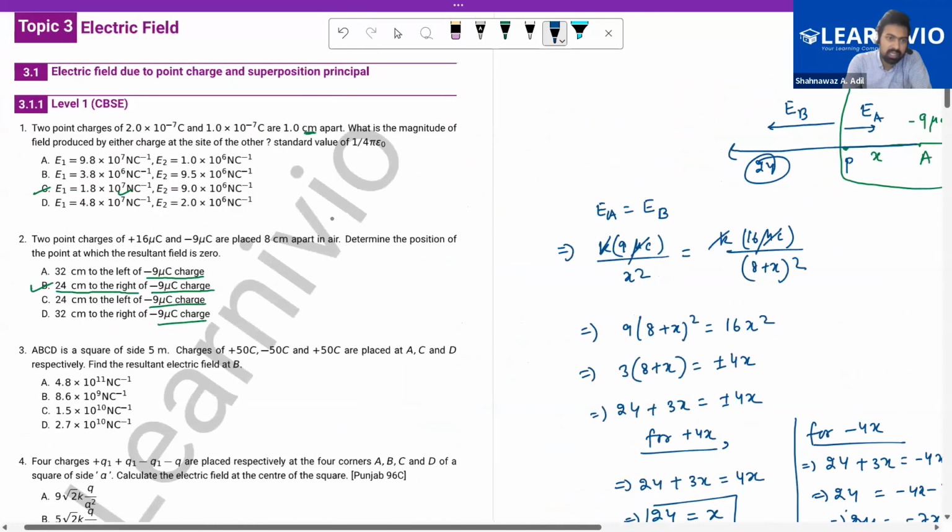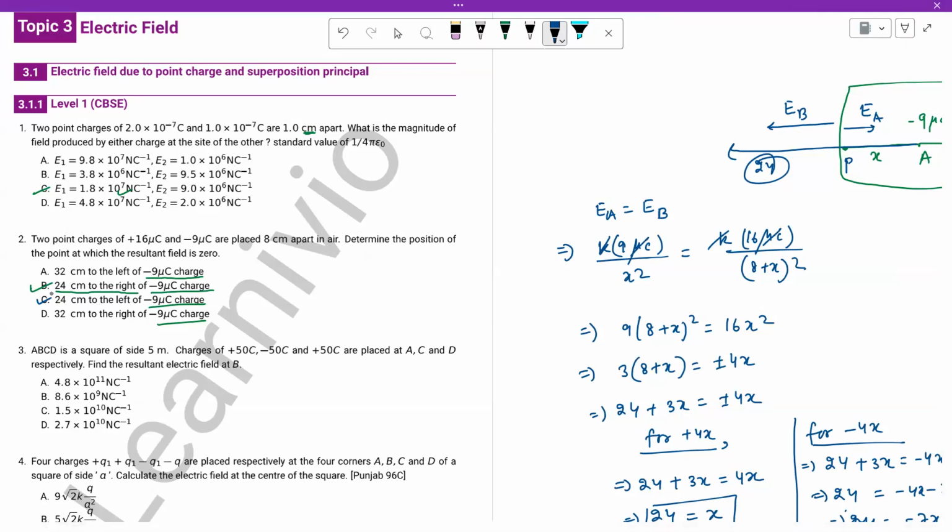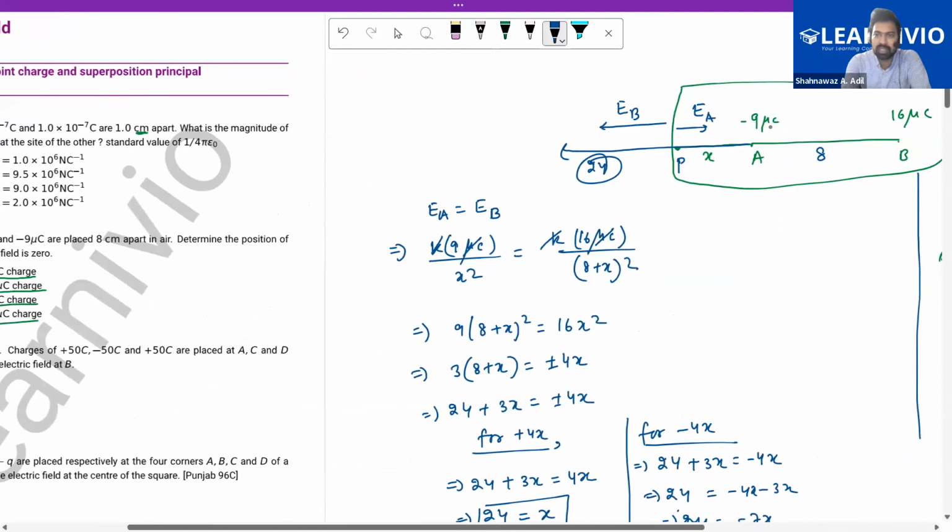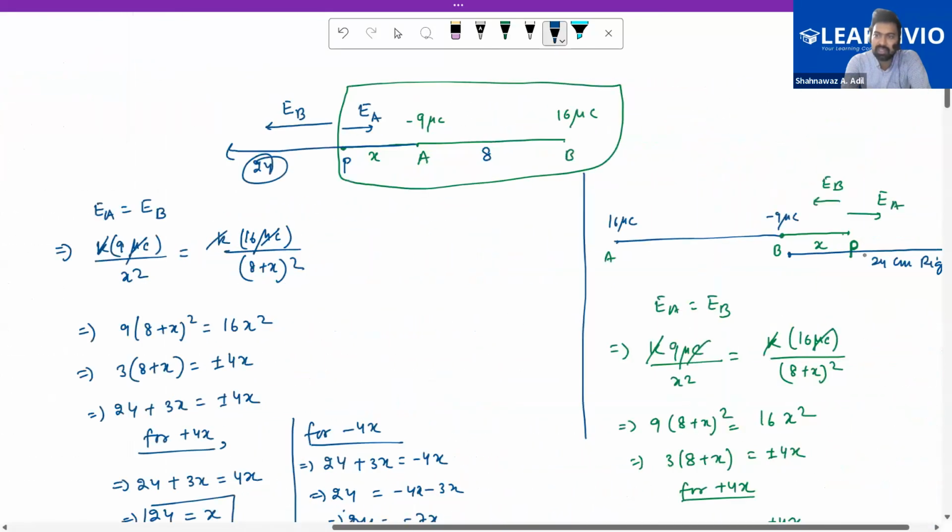So then there are two options which are correct. Both are correct, depending upon the point that we take, depending upon where we fix the -9. If we fix this on the left hand side, that would be left hand side. If we fix it on the right hand side, that would be right. Clear?